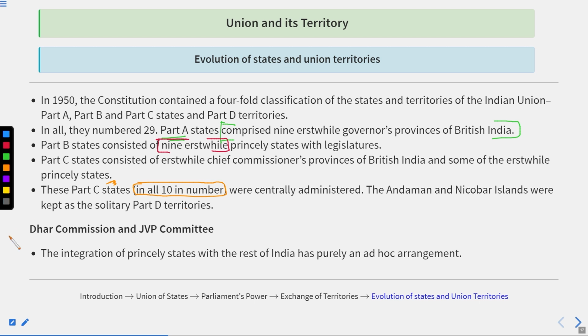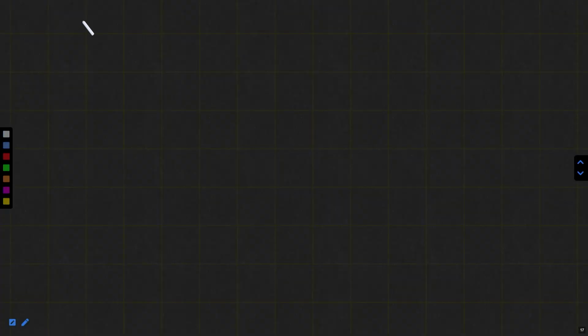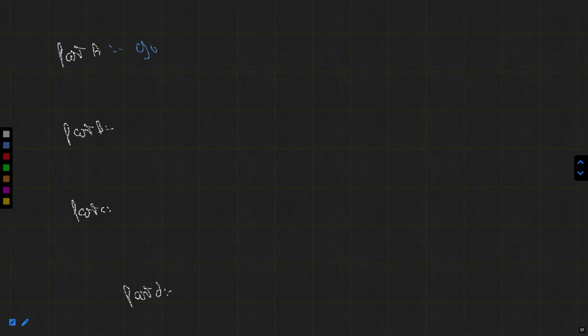All right. So remember that these were divided into four parts: Part A, Part B, Part C, and Part D. Part A, states having the Governor system.